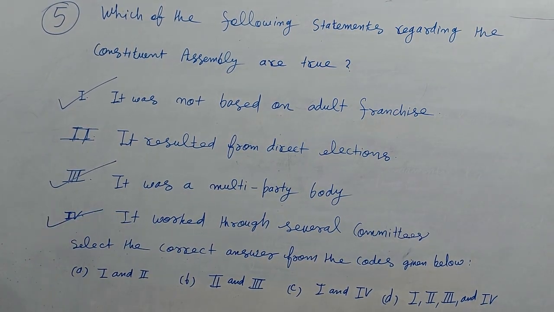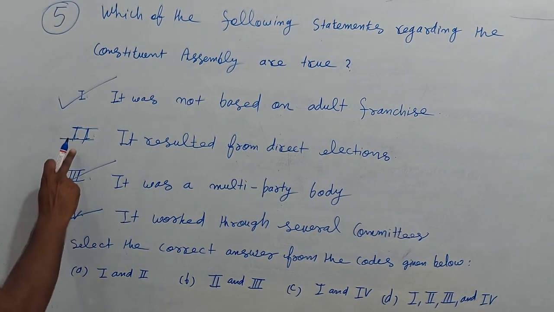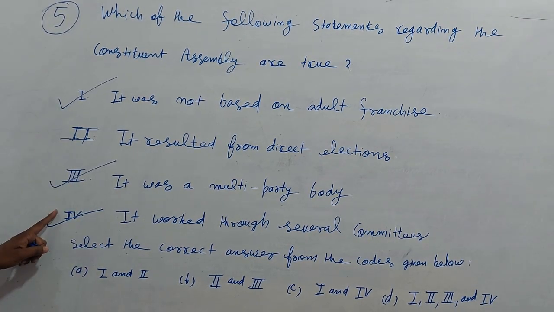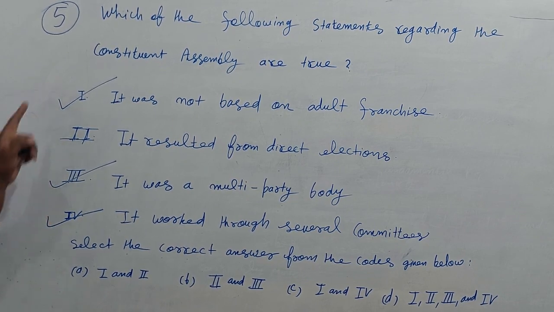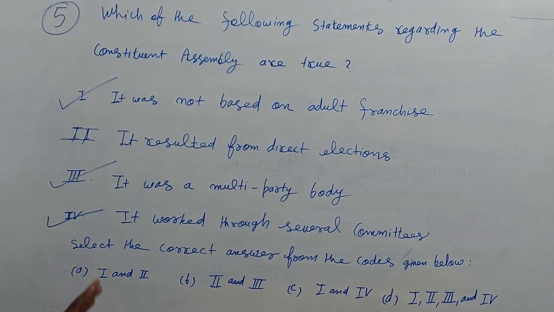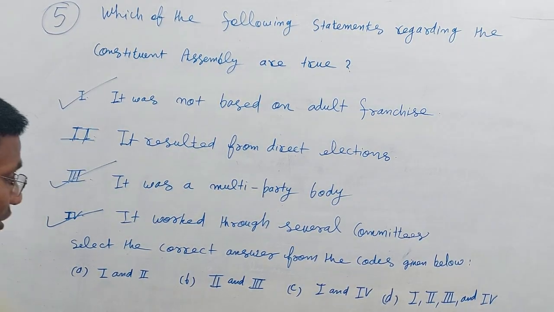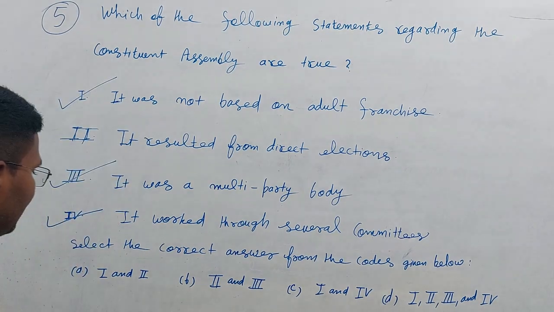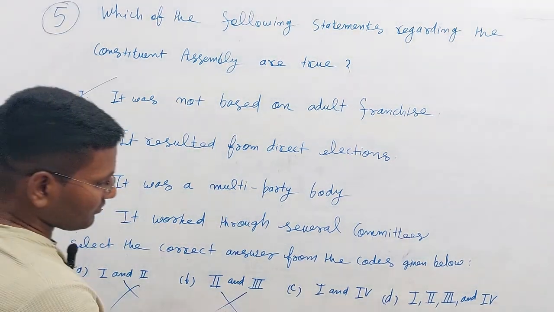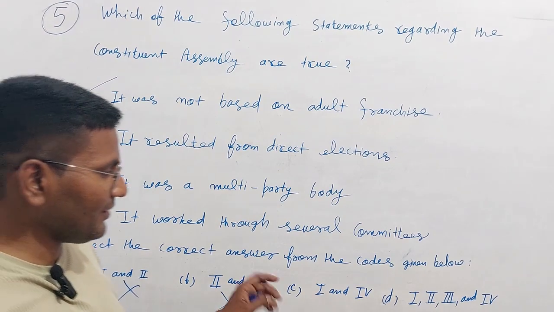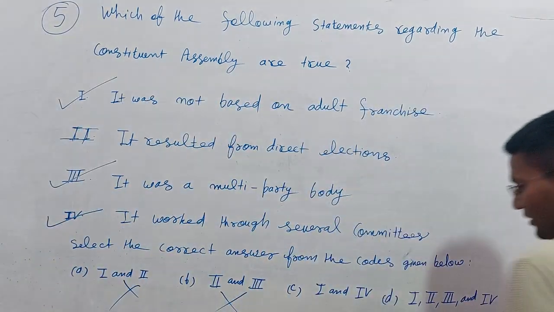So the options fourth, third and first are absolutely right, you understand. The problem is the second, but you should know option number 4 is not here, so this is wrong.